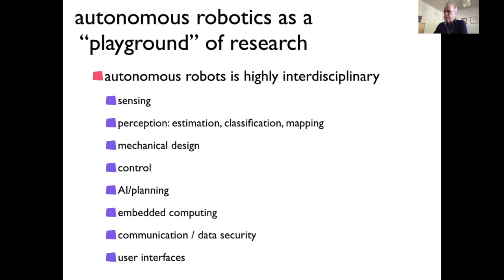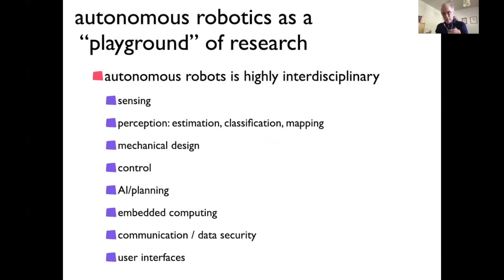In fact, autonomous robotics is a very interdisciplinary field within engineering. I've listed here some of the necessary components that you'll have to deal with, and I have actually only listed things that are related in a wide sense to AI kinds of problems: sensing, perception, which is really making use of sensory information to estimate something about the world, to classify objects, to map the world.